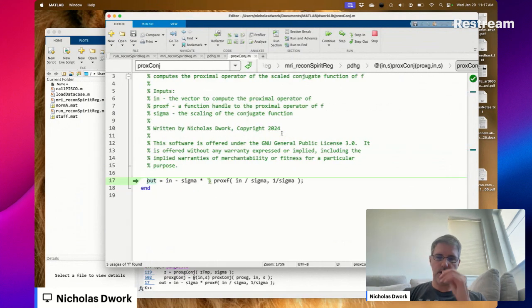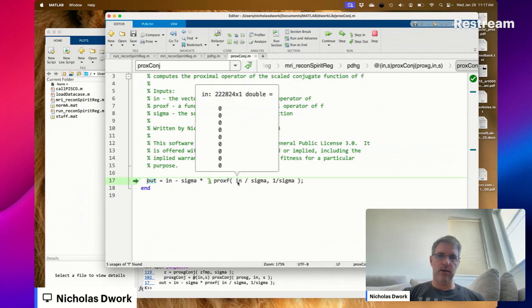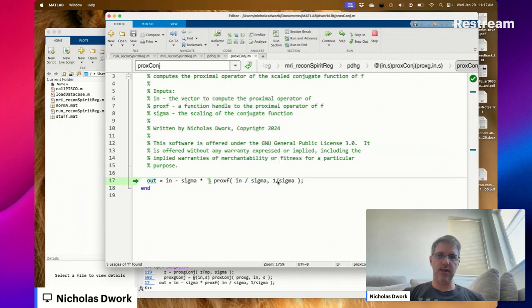The conjugate of the proximal operator is in minus sigma, which is that value, times f in over sigma, the parameter 1 over sigma.